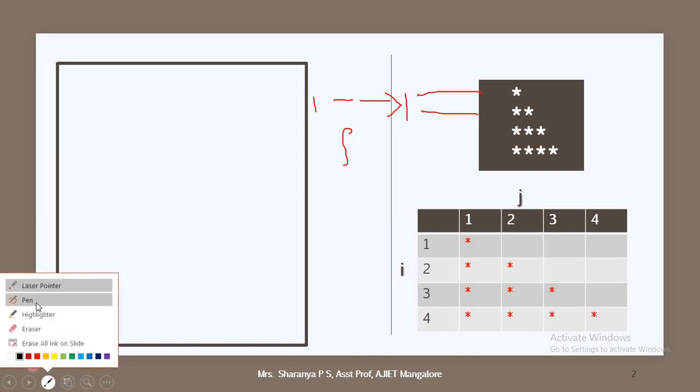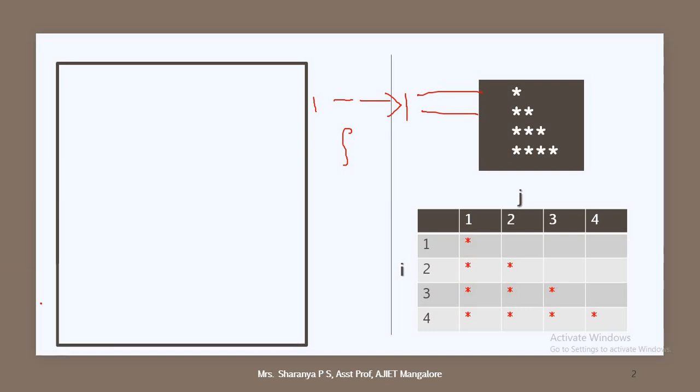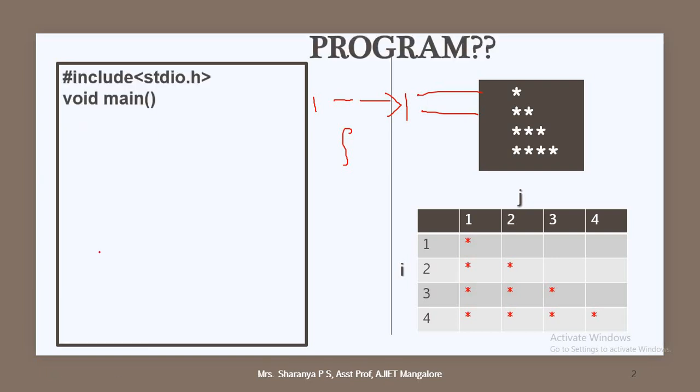Now let us try to build the code with a basic analysis of this pattern. First we will begin with the header file and then the main function, and inside that I will use two variables, i and j, to refer to rows and columns, or in other terms how we are displaying the pattern.